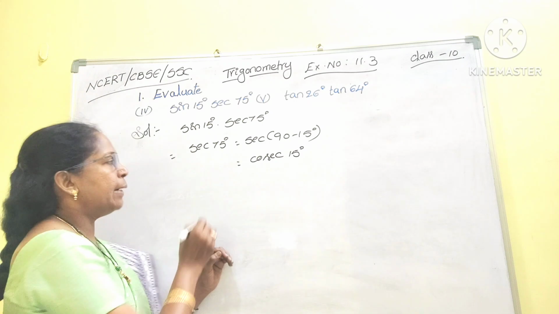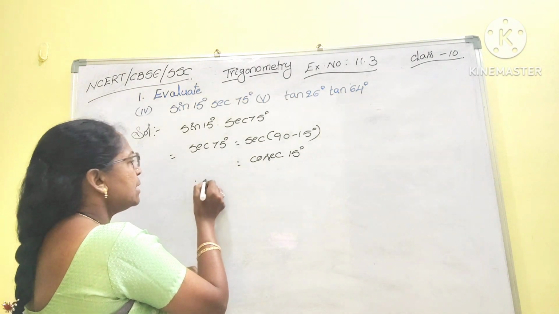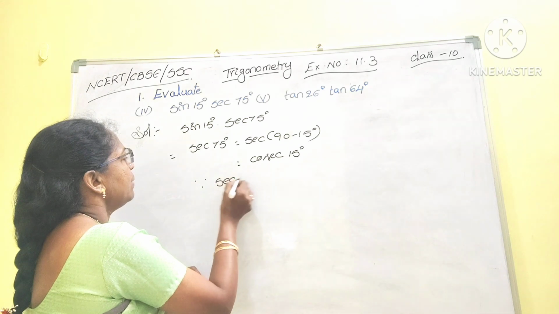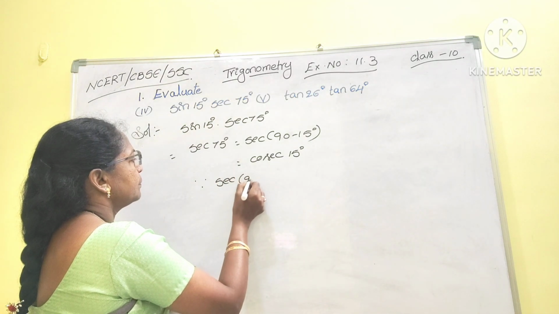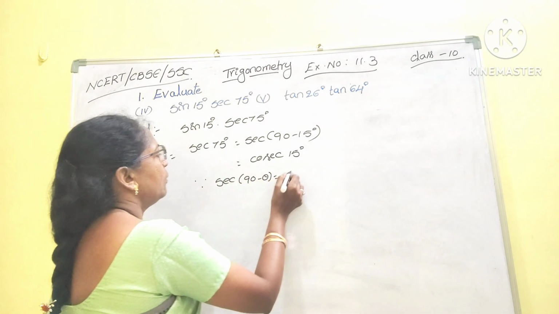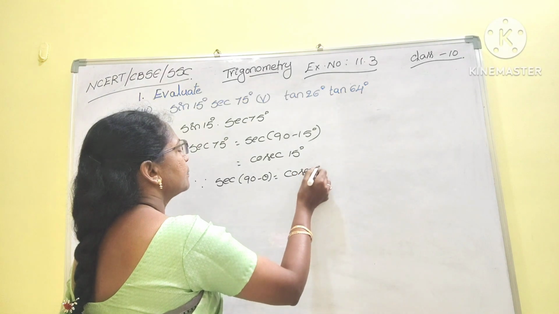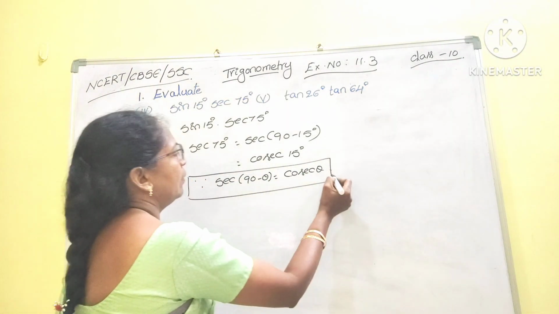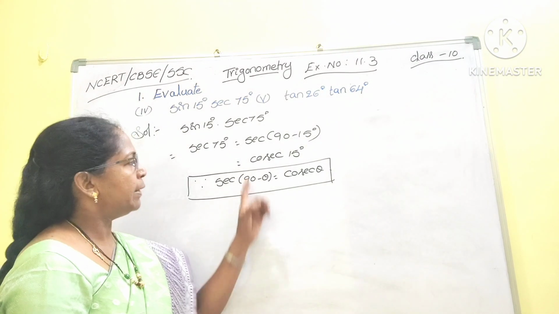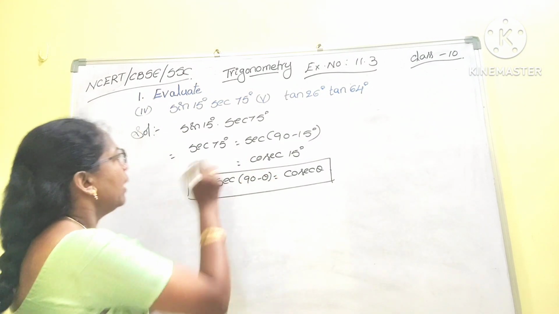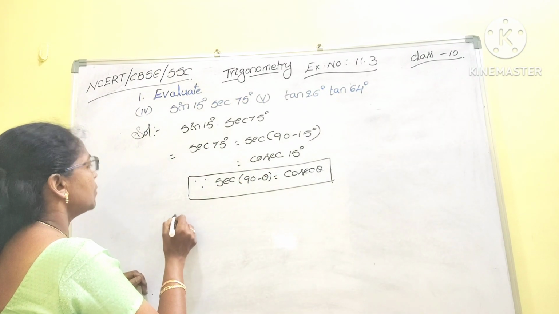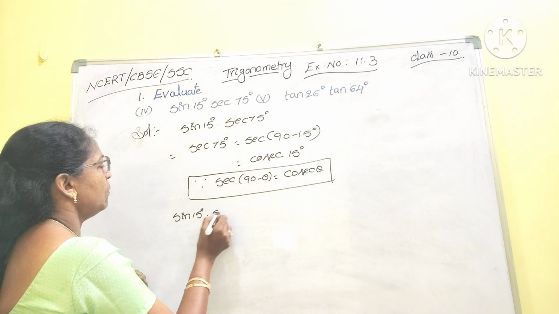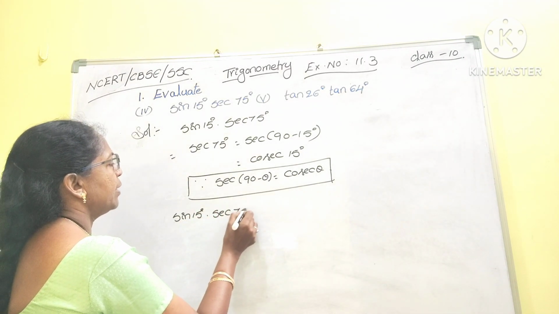Cosecant 15. According to this, secant 90 minus theta equals cosecant theta. According to this complementary angle ratio, I have changed this one. Now apply it. The given question is sine 15 degrees into secant 75 degrees.